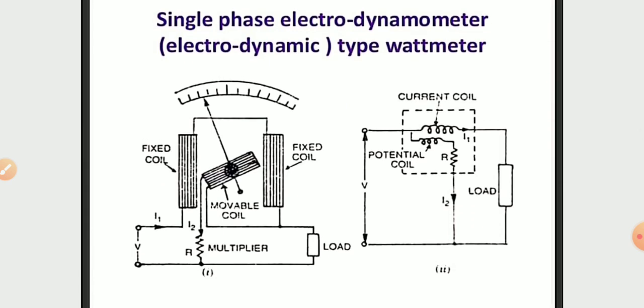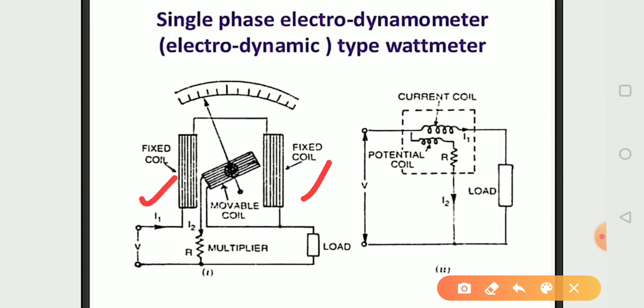If we see the construction of the single phase electrodynamometer, we can see that this instrument consists of two fixed coils and one movable coil, and it has a pointer and a calibrated scale.